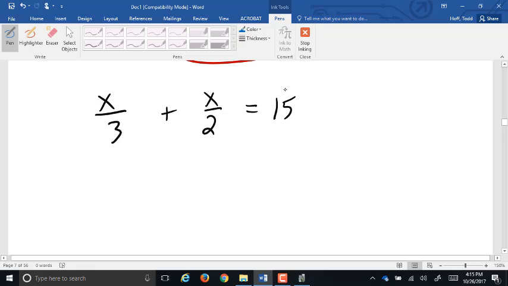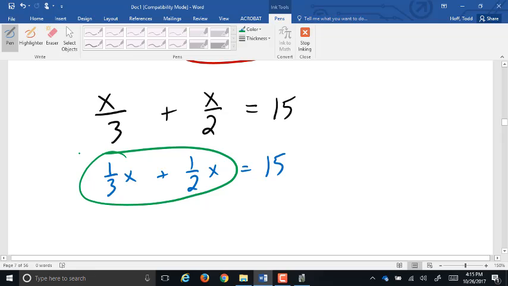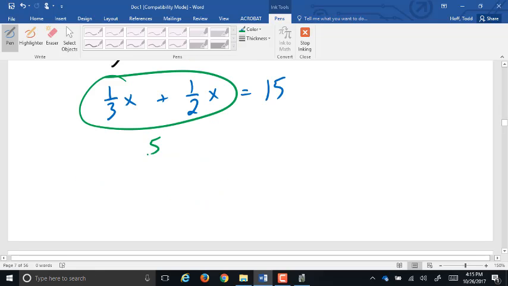And the way we solved it was we treated x over 3 as 1/3 x, over 2 is 1/2 x, equals 15. And then we combined 1/3 x plus 1/2 x. Well, 1/3 plus 1/2 is 5/6. So that's 5/6 x equals 15.